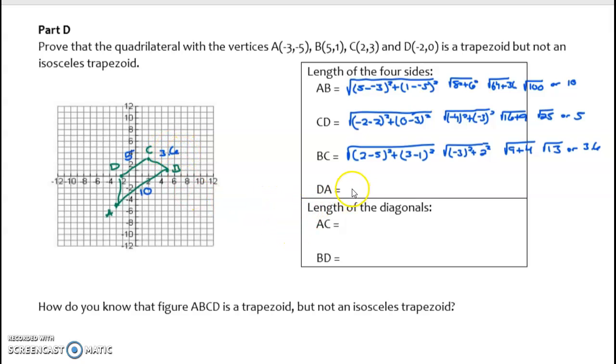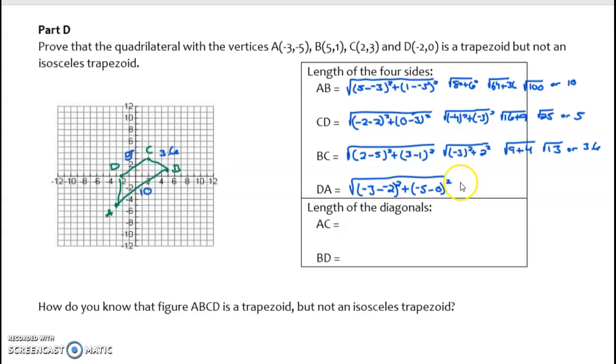Okay, so DA. I'm just going to go in that order. So A is the second point, so I'm going to start off with A. So -3 minus -2. Have fun with the double signs here. Plus -5 for that one minus 0. Alright, double signs, that's a plus.